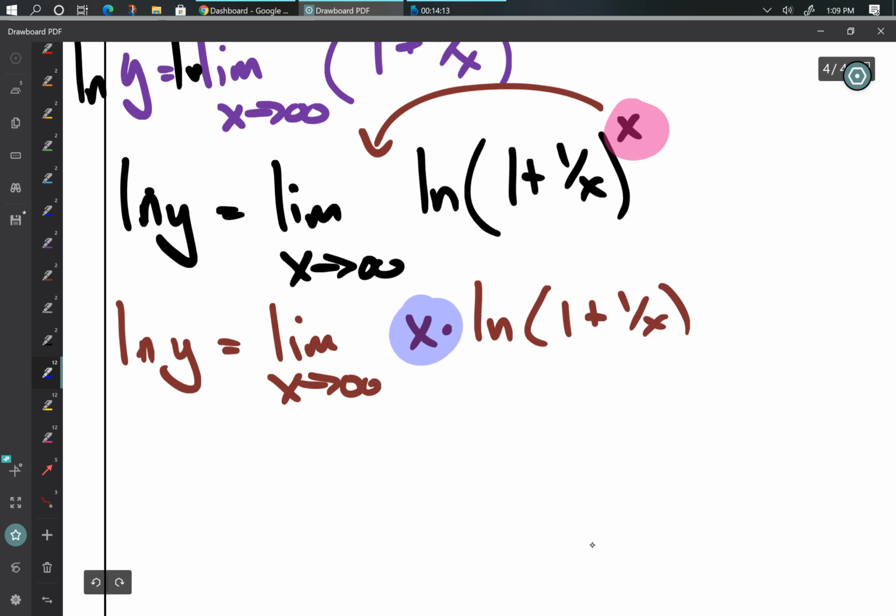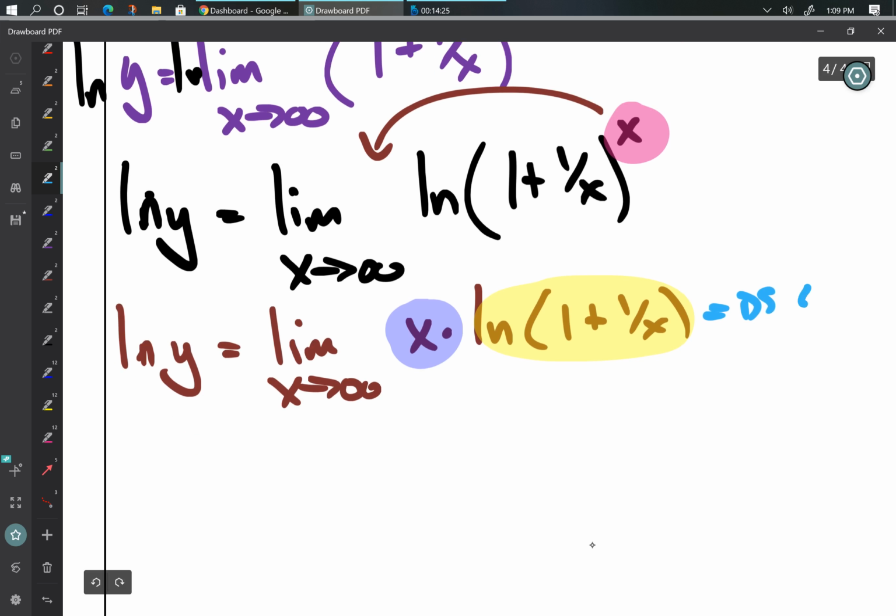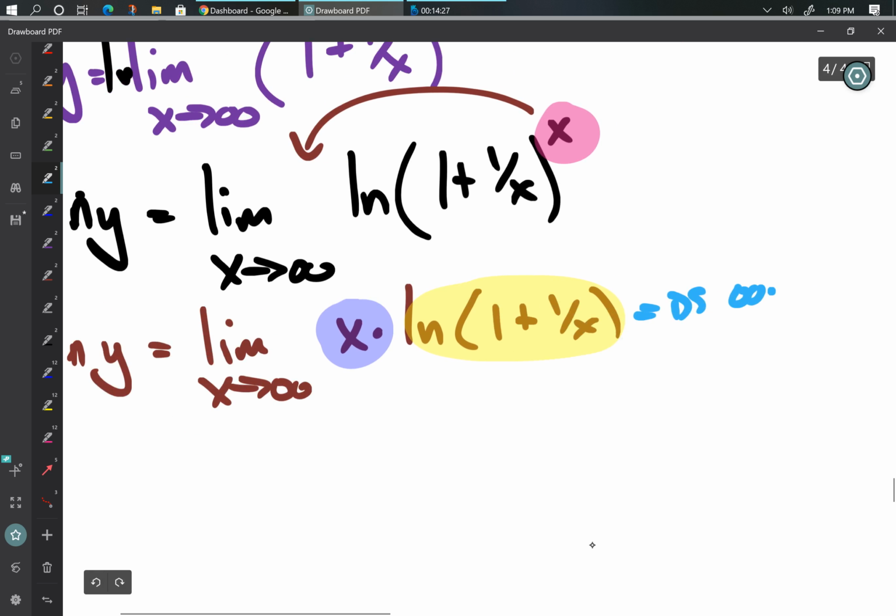If we attempt to evaluate this by direct substitution, and we evaluate these two parts independently, we get, well, as x approaches infinity, x is infinity, infinity times, and this in here turns into 1. The natural log of 1 is 0. We get infinity times 0, which is what we had a moment ago.